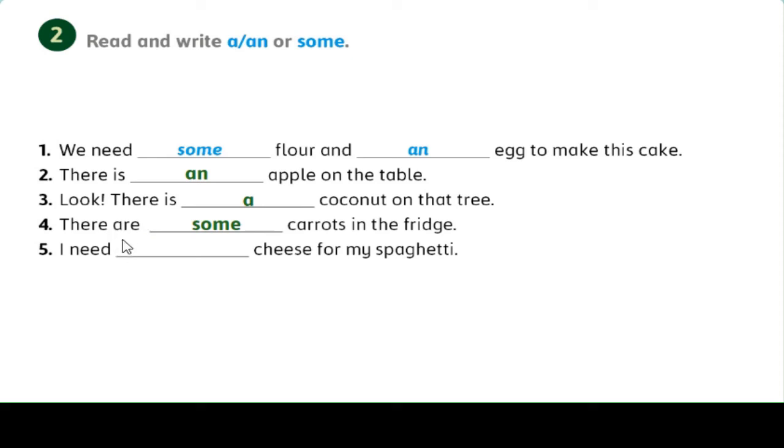There are some carrots in the fridge. The last one, number five: I need cheese. Cheese here is countable or uncountable? Can I say three cheeses? No, I can't. So it's uncountable, which means the answer is some. I need some cheese for my spaghetti. Perfect.